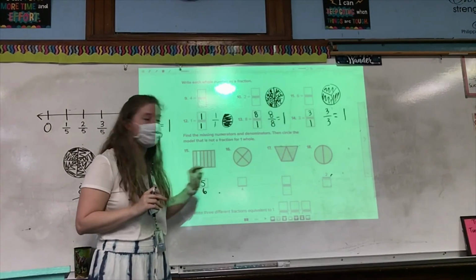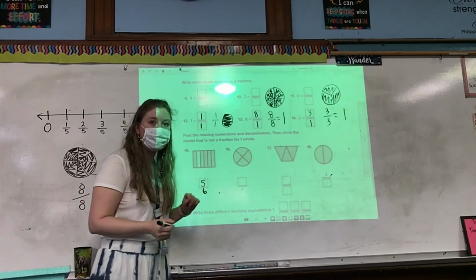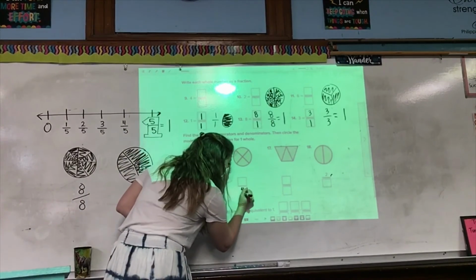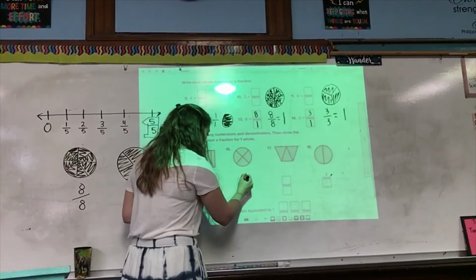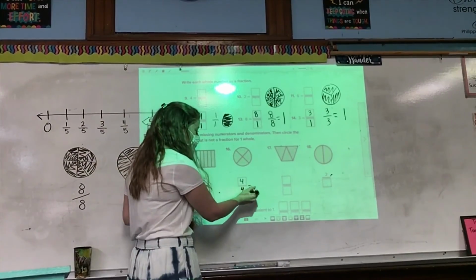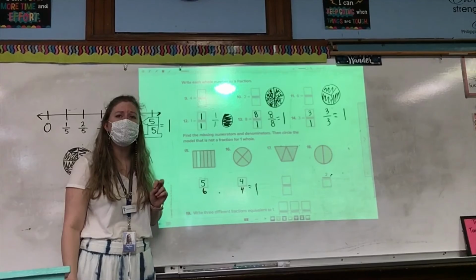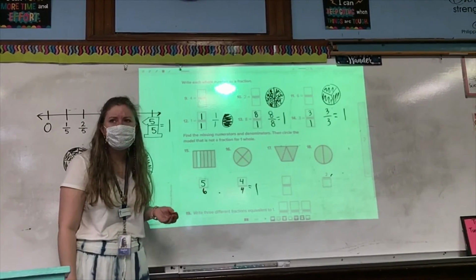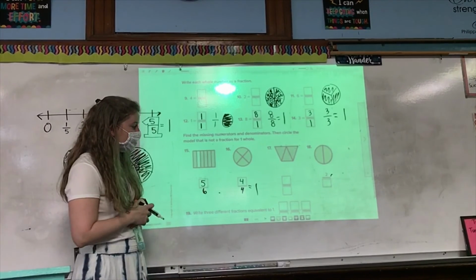How many pieces is our one shape broken into? 4. So what's our denominator? 4. How many of those 4 pieces are shaded? 4. Let's just tell ourselves 4/4 is equivalent to 1 whole. Is 5/6 equivalent to 1 whole? No. Is 5/6 equivalent to 5? No, 5/6 is just 5/6.